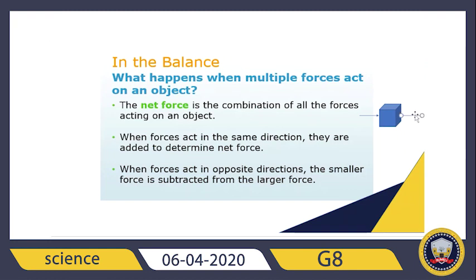As you can see, now we have two forces acting on this object. The length of the arrows is equal, which means the forces are equal, but the directions of the forces are different. They are acting opposite to each other.